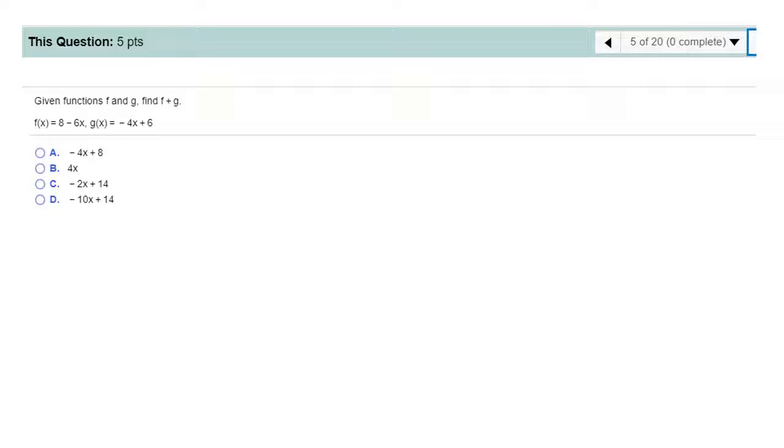Now we want to find f plus g. F plus g would simply mean to add. F is 8x minus 6, and then I will add negative 4x plus 6. Since it's addition, there is no sign change.